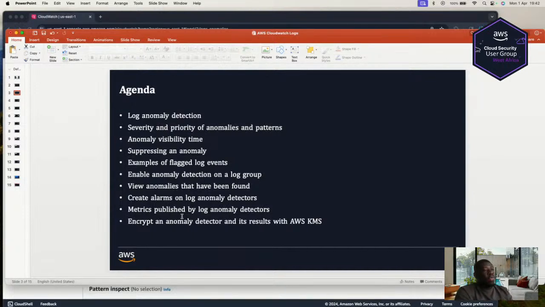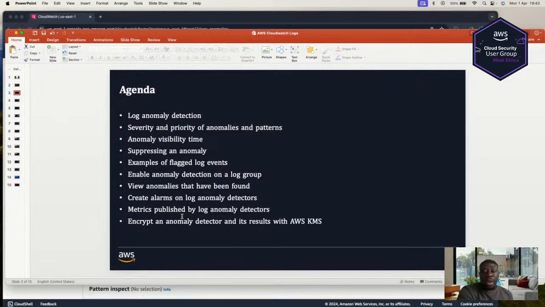So right now we have been able to cover these major sections. We've talked about log anomaly detection, we've spoken about the severity and the priority of anomalies and their patterns. We've spoken about the visibility time: how long do you want this anomaly to be visible?